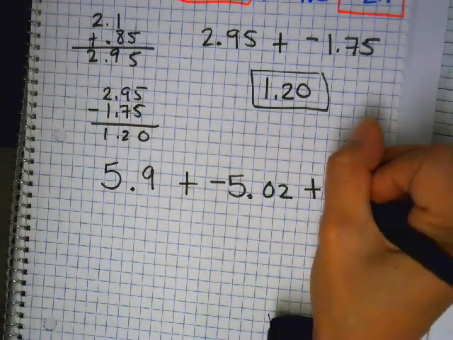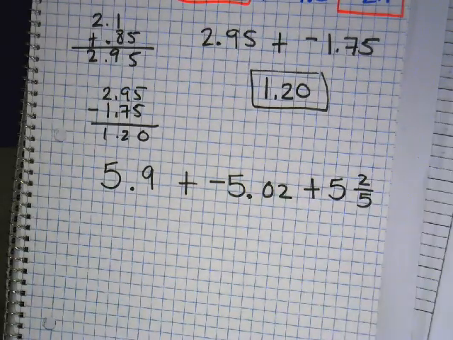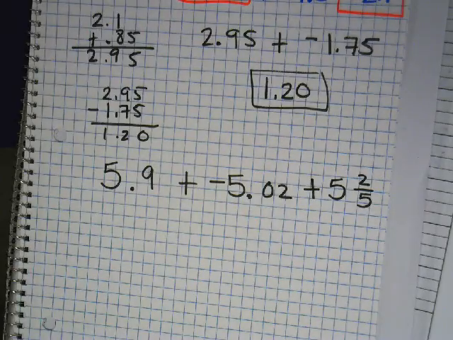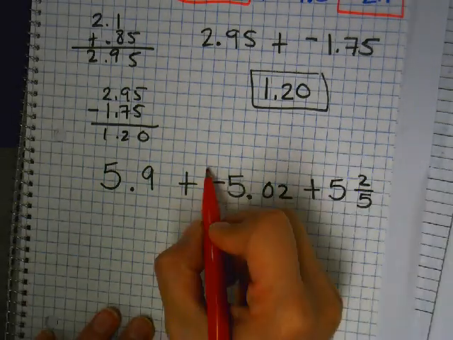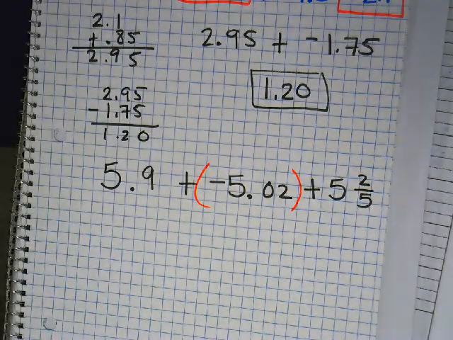Fine, another 5. But there's not two 5s. There's the 5. There's 2/5 added to that 5. So when you have decimals and you have fractions, turn the fraction into a decimal. So what would 5 2/5 be as a decimal?